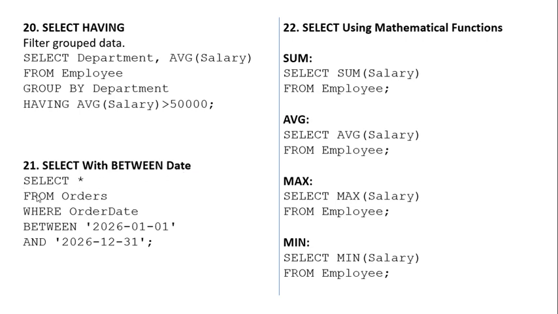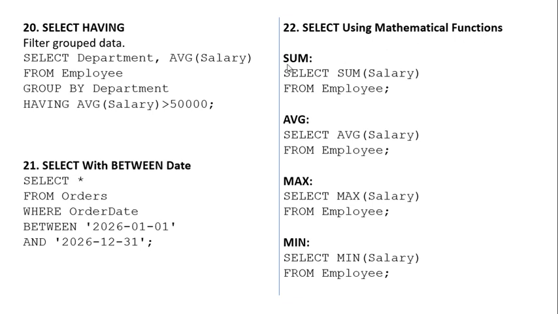Select star from order table where order date BETWEEN '2026-01-01', the first month and first day, AND '2026-12-31', the twelfth month and thirty-first day, in single quotes; semicolon.